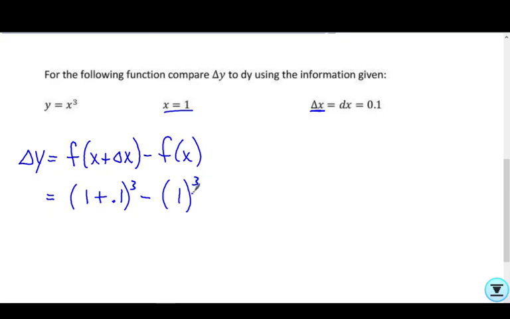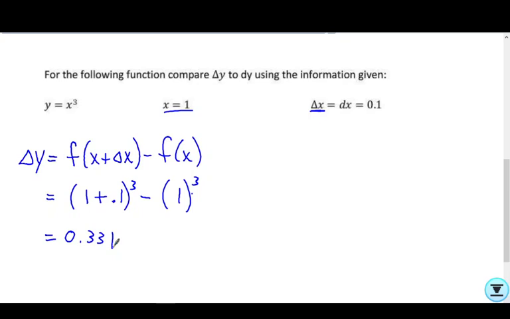So this is going to give me my actual change in y. So it's 1.1 cubed minus 1 cubed, which gives me 0.331.